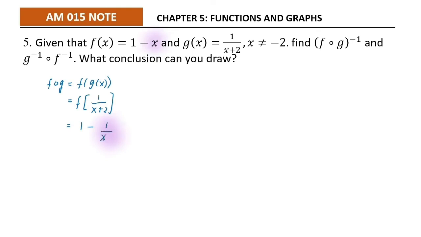Simplify. (x plus 2 minus 1) over (x plus 2). So (x plus 1) over (x plus 2) is f of g.